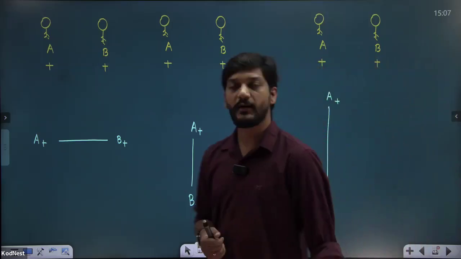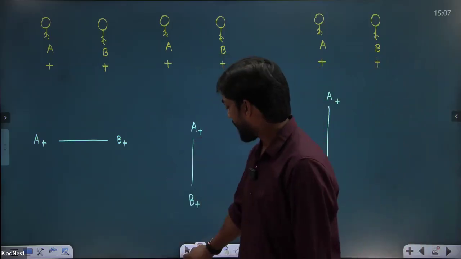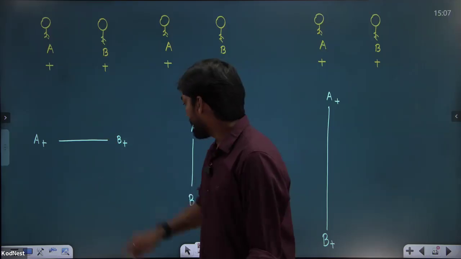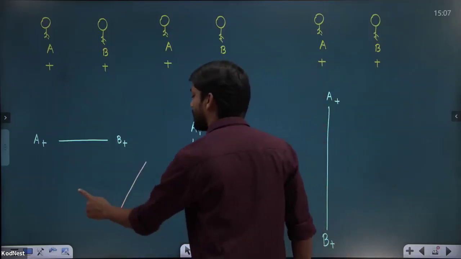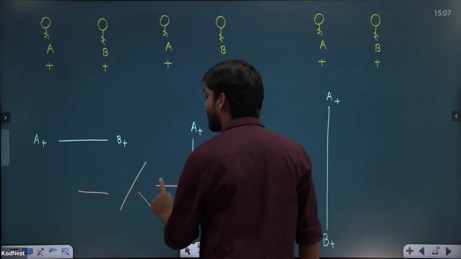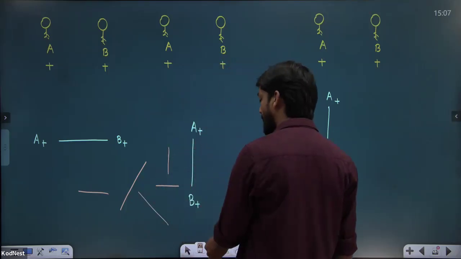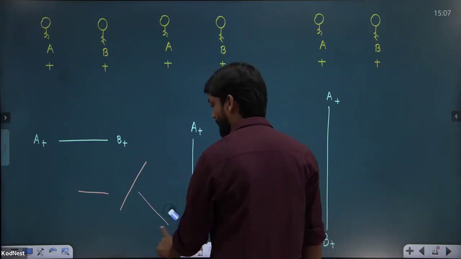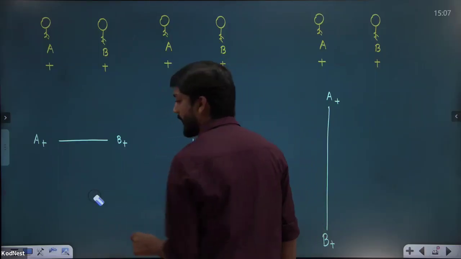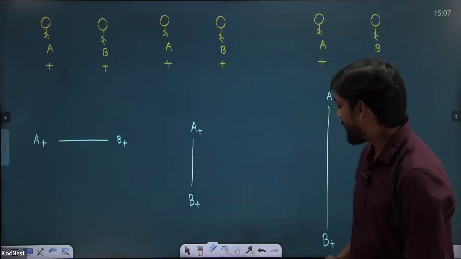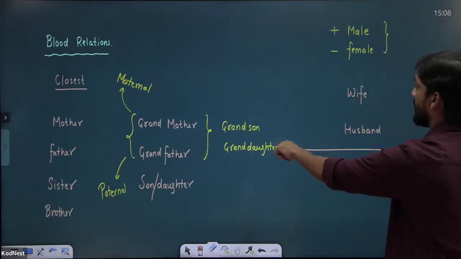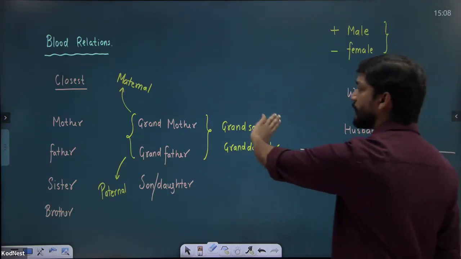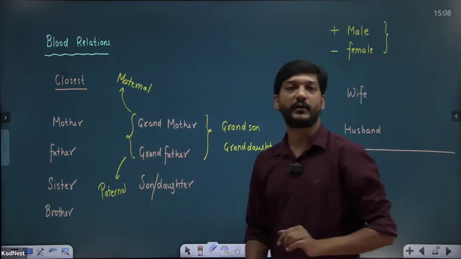Okay. Carefully observe, please. My dear, single line. When I draw this line, whether I draw this way, this way, anyway, if I draw one line, it represents any of these relations, closest, not husband wife, any of these relations it will represent.